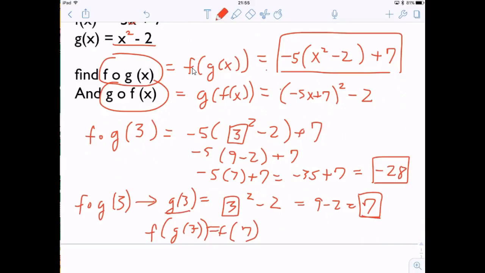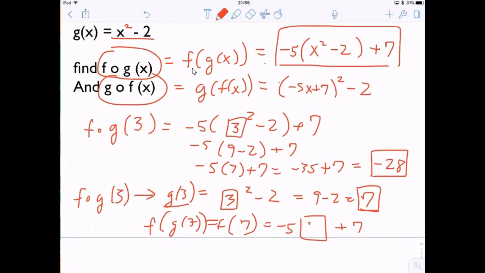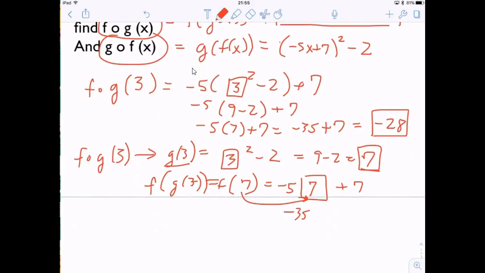So f of 7 is equal to negative 5 times something plus 7. Into the something, we put the 7. So we're going to have negative 35 plus 7, which is equal to negative 28. So there's two ways to do it, right?